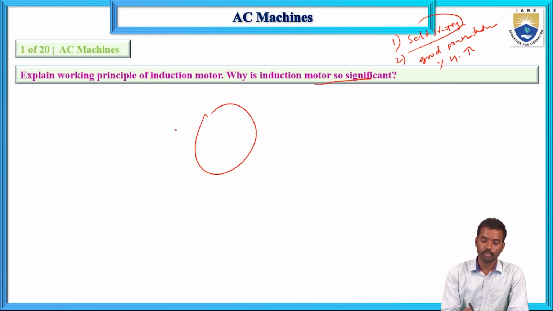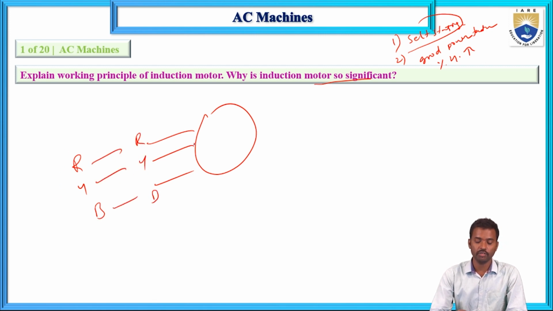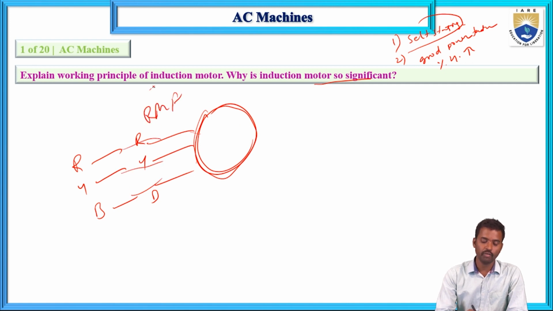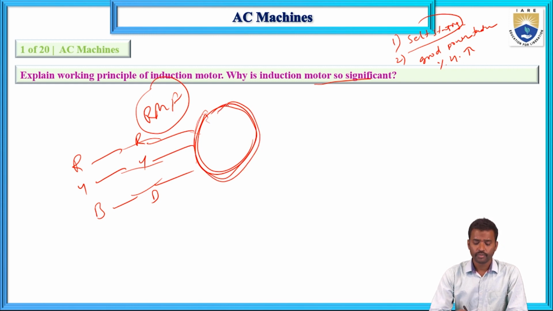If you give a balanced three-phase supply R, Y, B to the stator winding of the three-phase induction motor, a rotating magnetic field, RMF, also called a revolving magnetic field, is developed in the stator core.